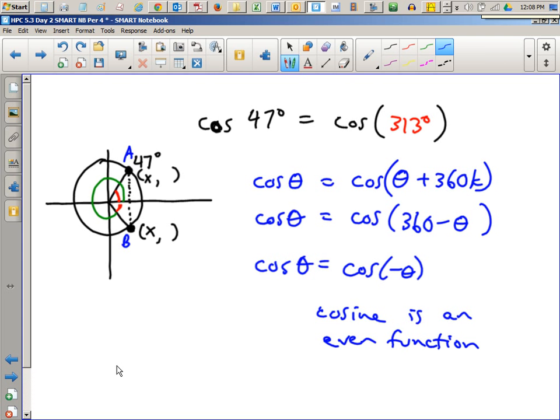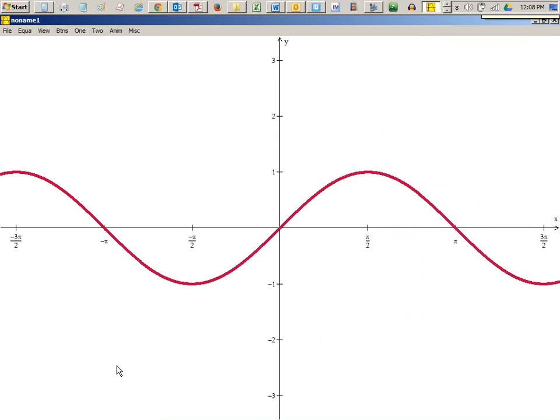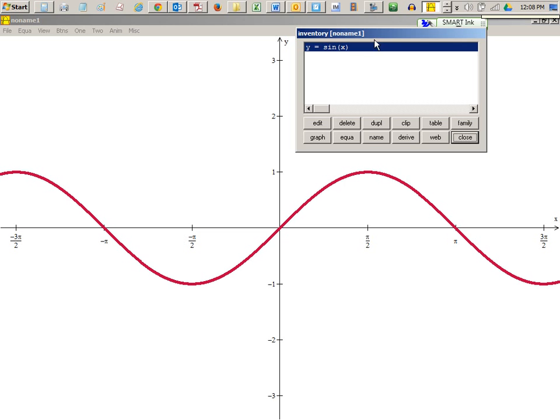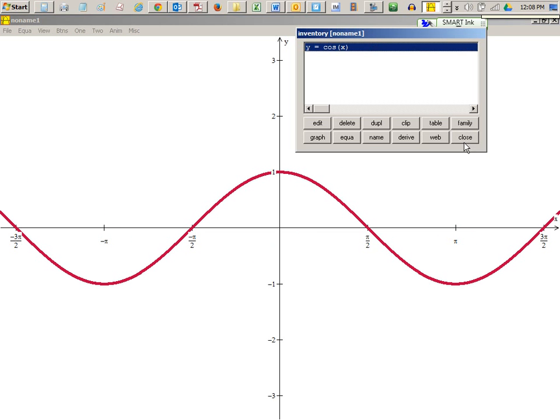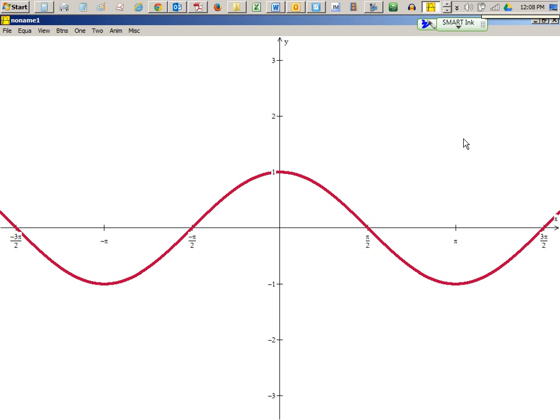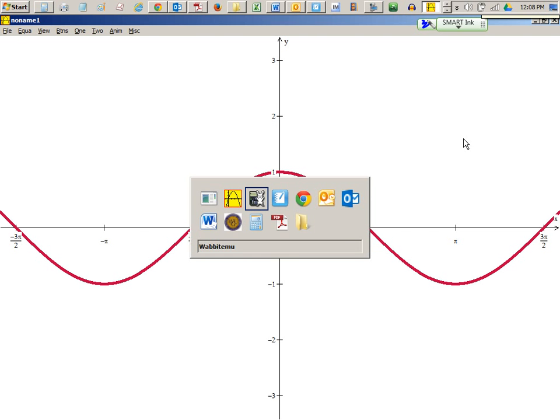Let's just take a peek at a cosine wave to see if it's really symmetric about the y-axis. This is faster for graphing. So I'm going to do cosine x. Does it have the correct symmetry that every even function should have? Yes. Yep, right over the y-axis. We'll talk later about why it's a wave, but for now we need to predict it, and it seems true.